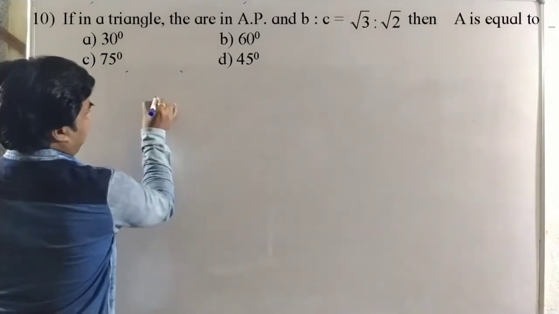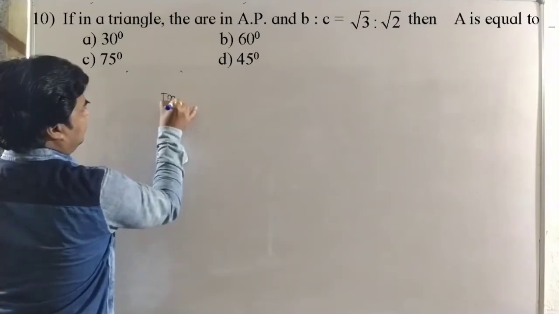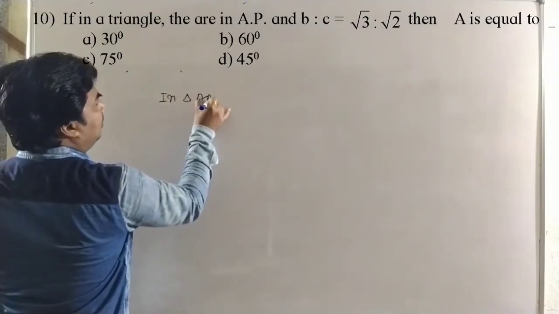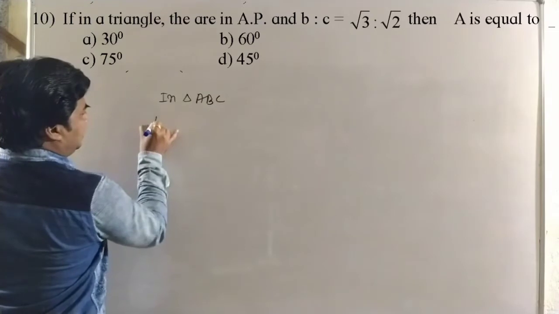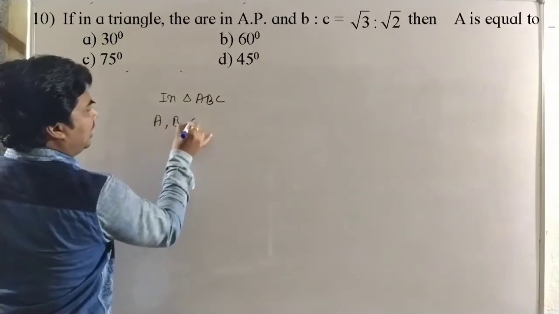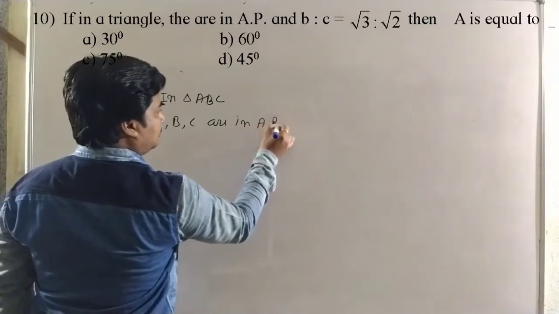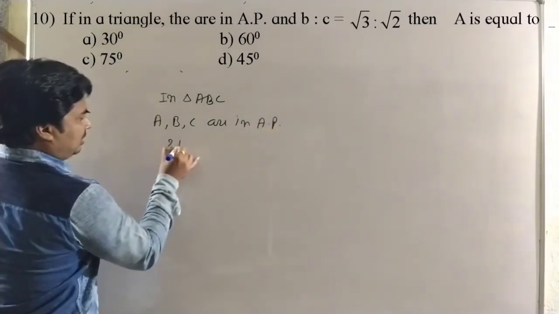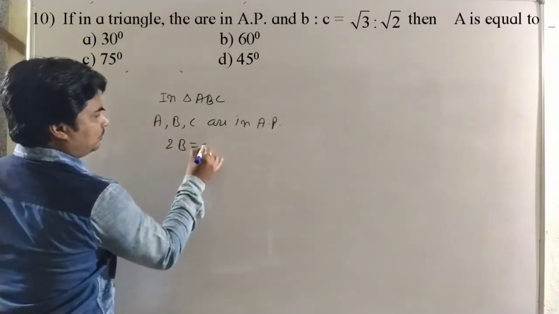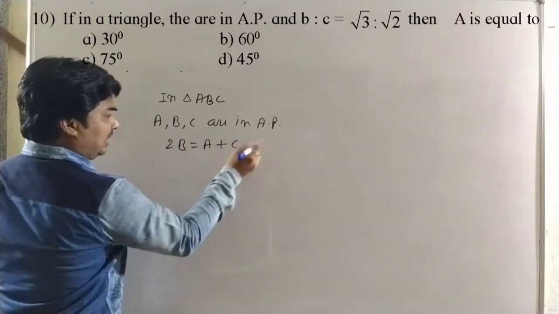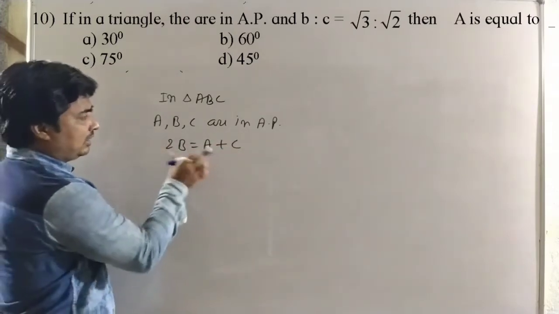Now in triangle ABC, angles A, B and C are in arithmetic progression. Okay, then we know that 2B is equal to A plus C. Here from the arithmetic progression we write this.